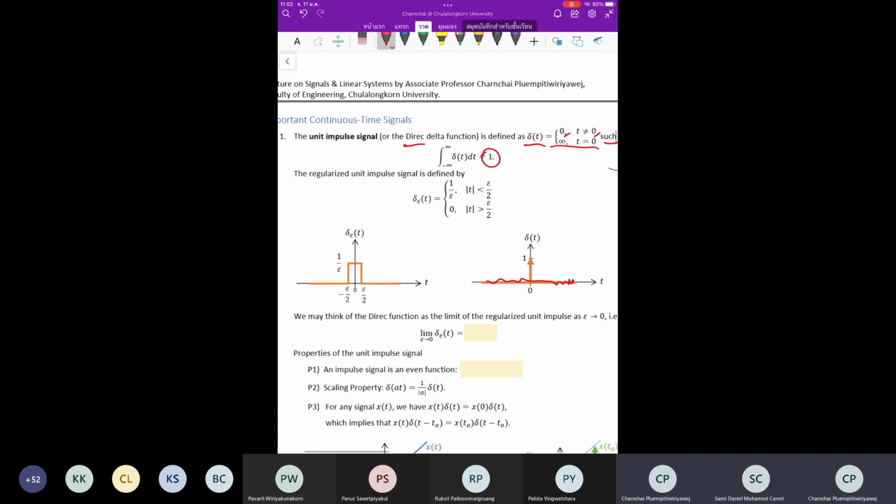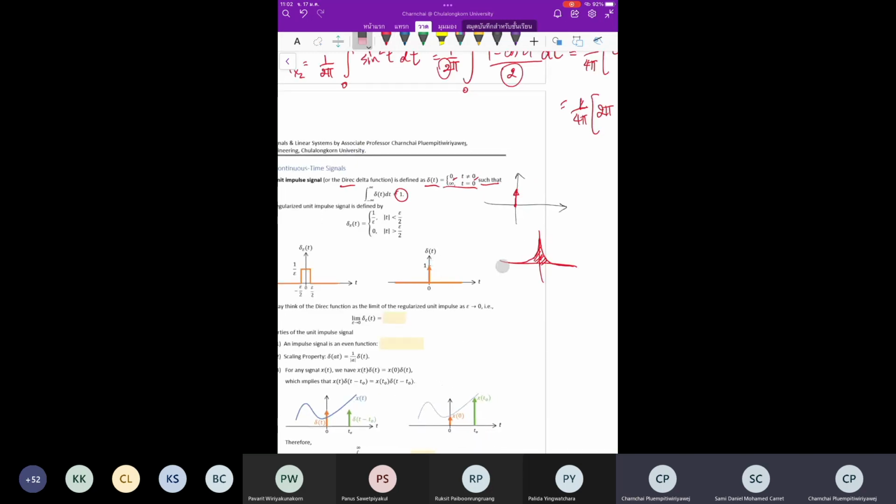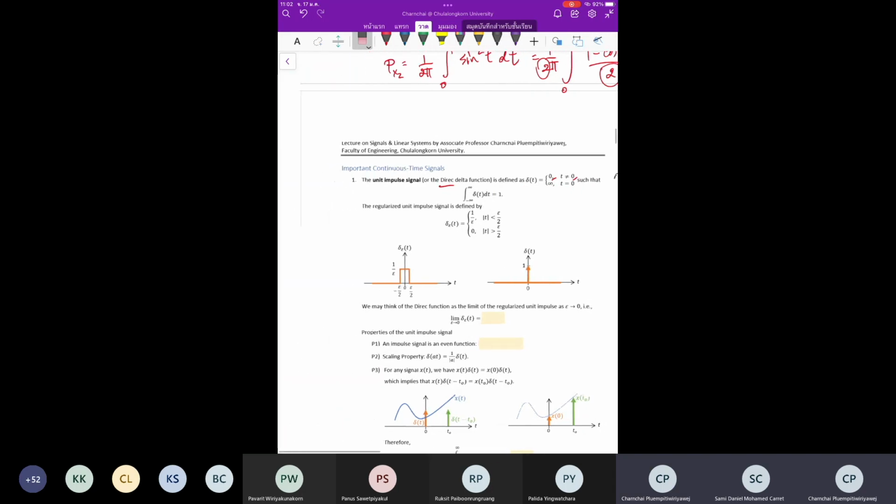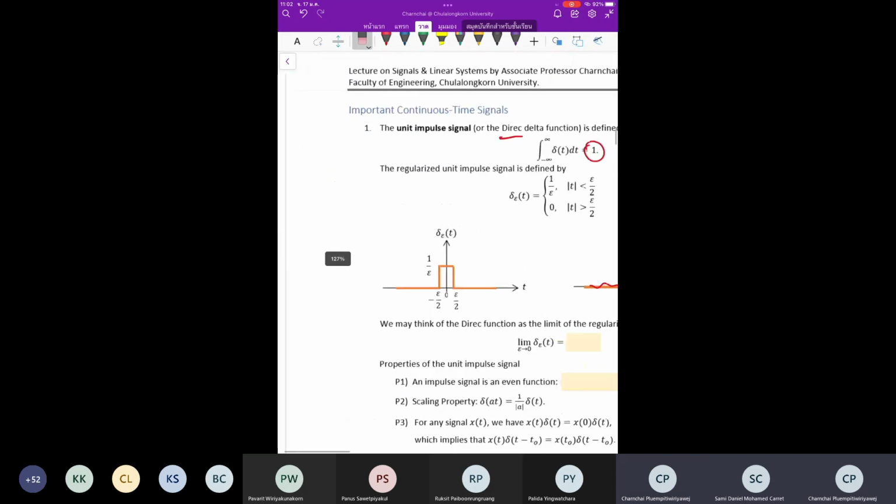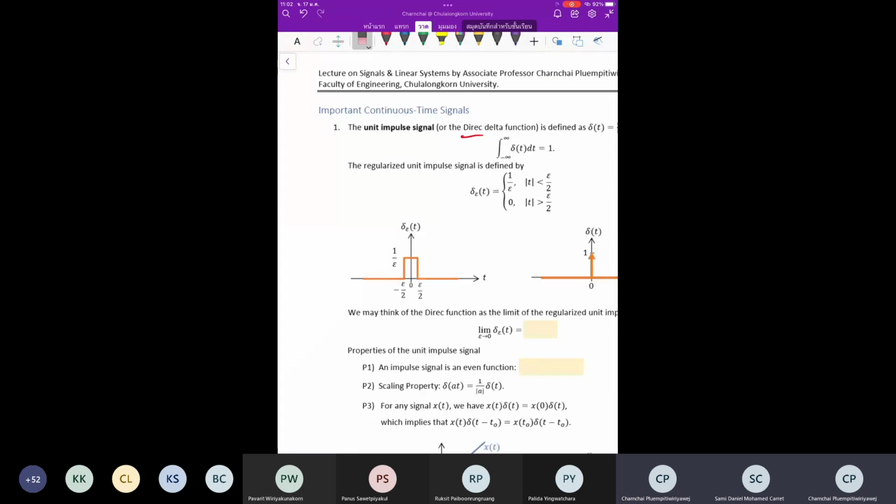Where does it come from? Here we call it the regularized unit delta function, the regularized unit impulse signal.